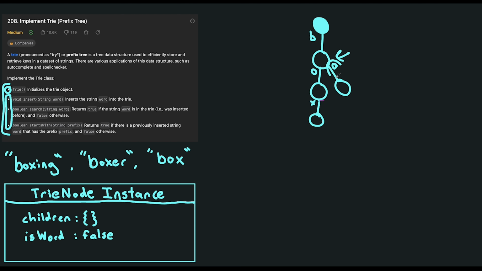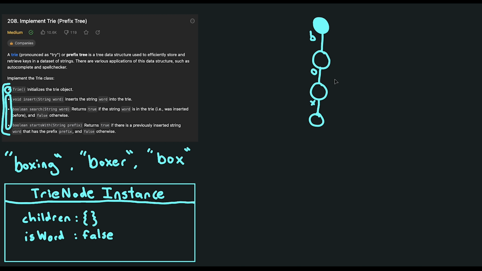This would be the key, the A, and then the value would be the node. So whenever we see these lines, it's just the setting of the key, which is the letter, and then the value, which is whatever node that letter points to.